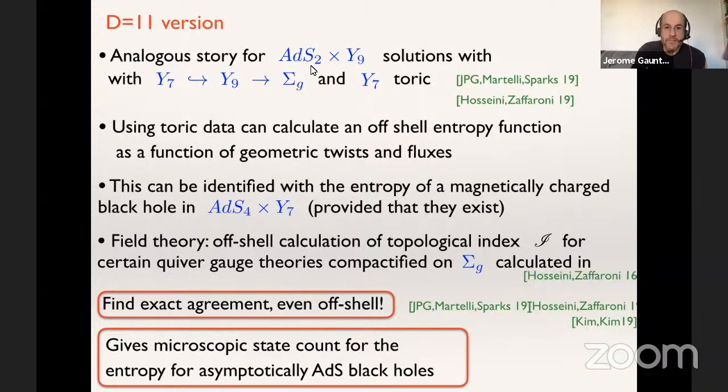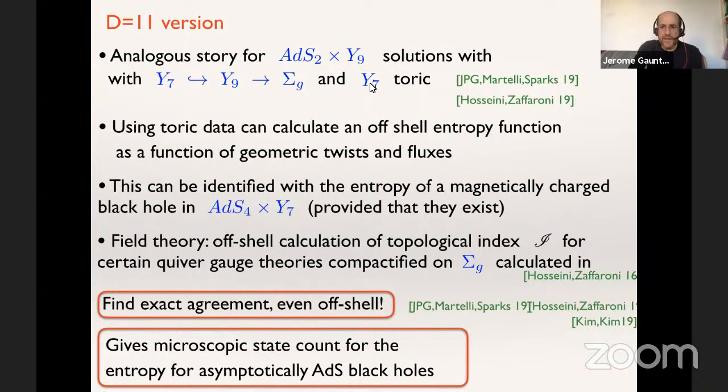So anytime there is such an AdS2 solution that arises as a near horizon limit of an AdS4 solution, combining this field theory result with the geometric result gives you a microscopic state counting for the entropy of the asymptotic AdS4 black holes. There's more to say on that, and I'm aware I'm slightly rushing through this because I'm out of time.